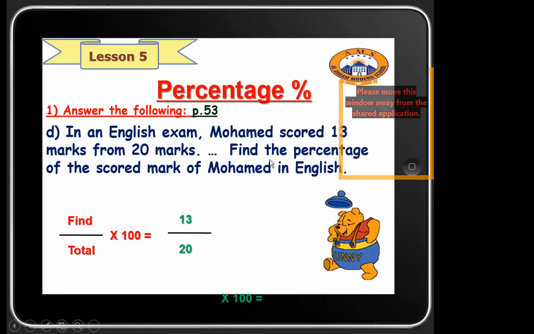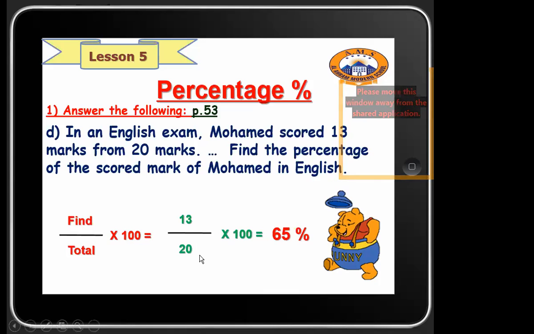So 13 over 20 times 100, and the answer is going to be 65%. So Muhammad scored 65% in this exam. I think Muhammad should study more because we're looking forward to getting 100%. This means the full mark in the exam.